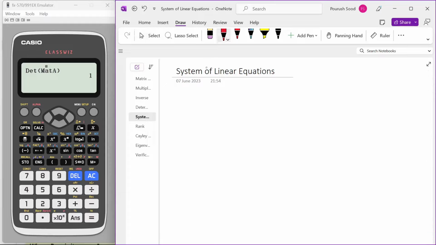It's generally of the form Ax is equal to B, where A is some coefficient matrix, X is X, Y, Z, suppose we have 3 variables, and B is the constant vector. So how we find X is A inverse B, if A is non-singular.